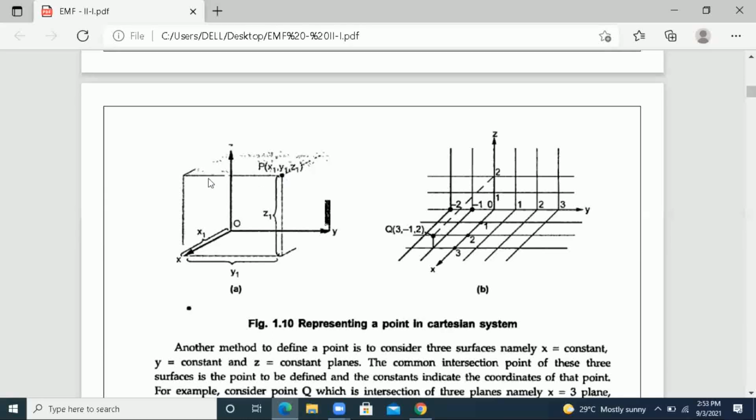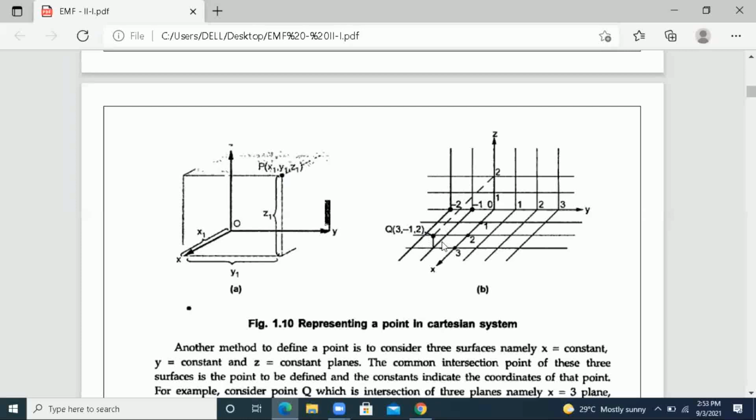Here's a practical, real example. Point Q is located at 3, -1, 2.